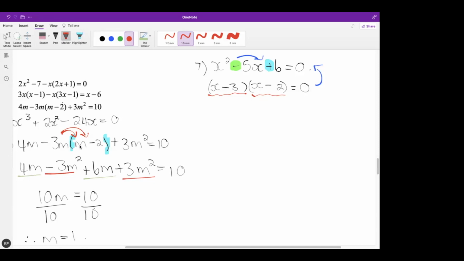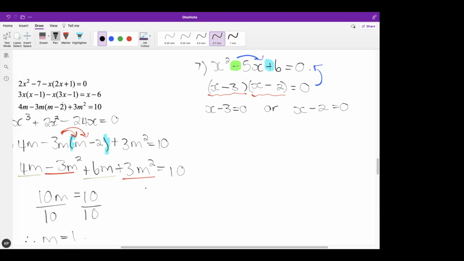So the whole bracket times the whole bracket is 0. That means one of these brackets has to be 0, because the only way we can get 0 is if one of these is a 0. Does that make sense? So either x minus 3 is 0 or x minus 2 equals 0.